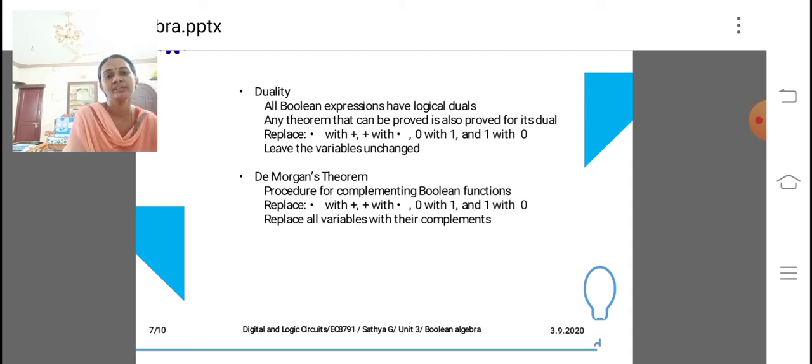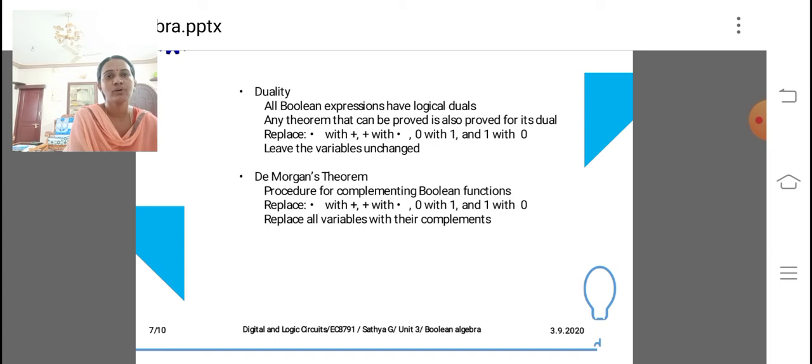By applying this duality principle, we can simplify the Boolean expression. For example, we have a very lengthy expression, for example y is equal to x plus y, z plus y and a plus b, like that. We cannot design such a lengthy expression, so we simplify it. For simplifying, we have to follow some general rules.